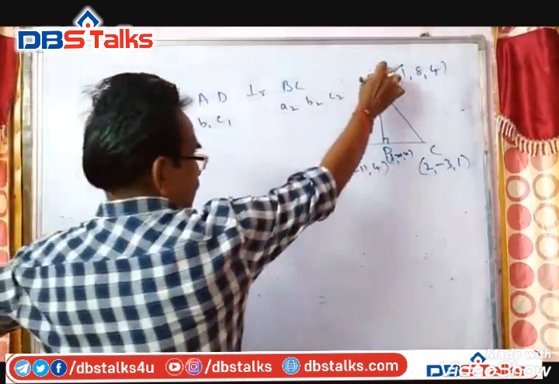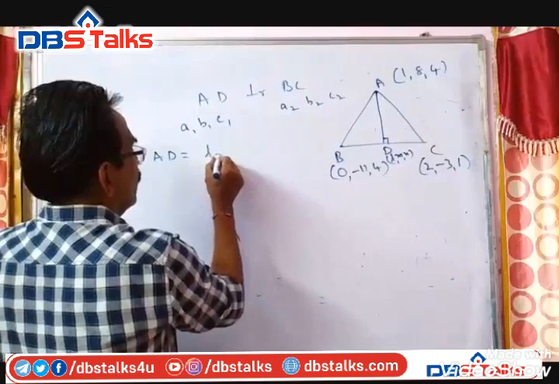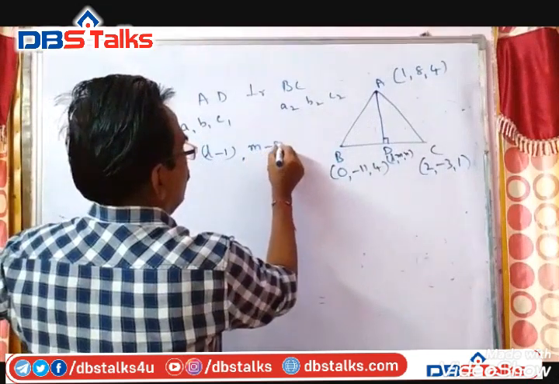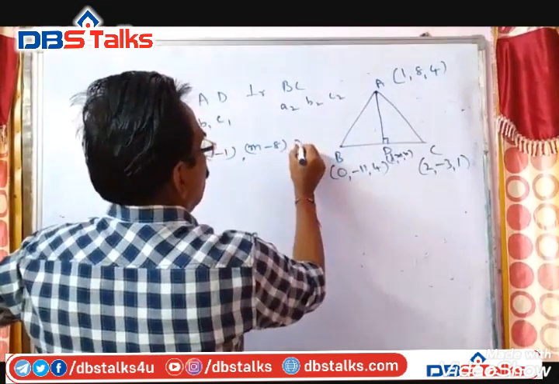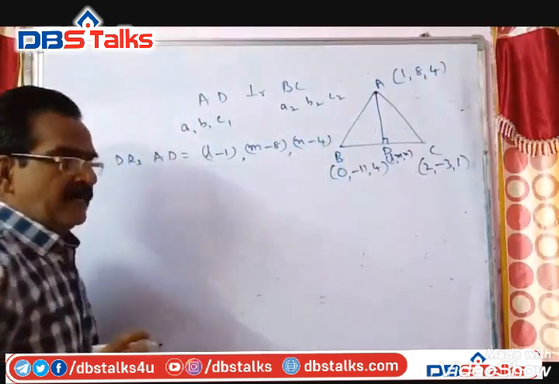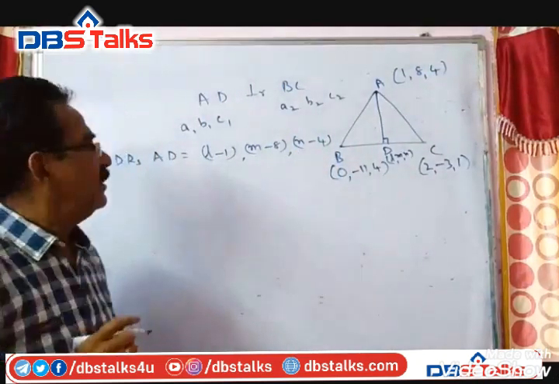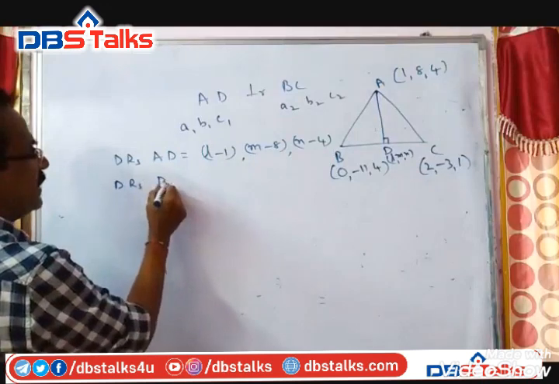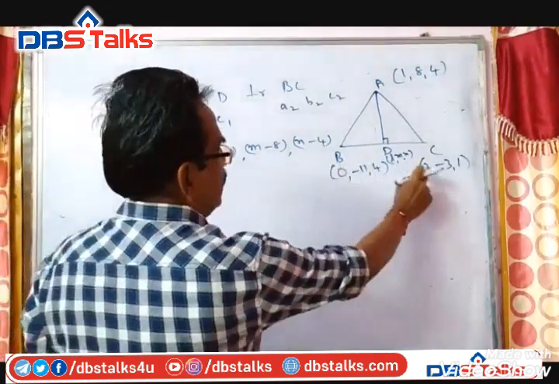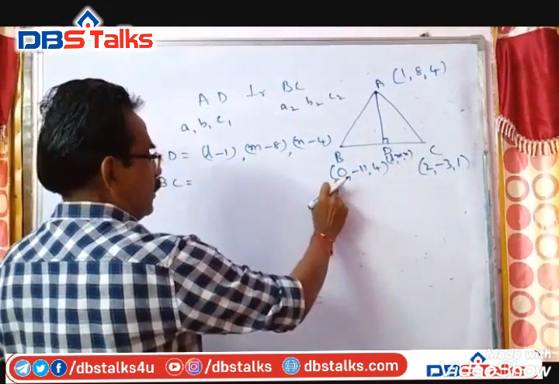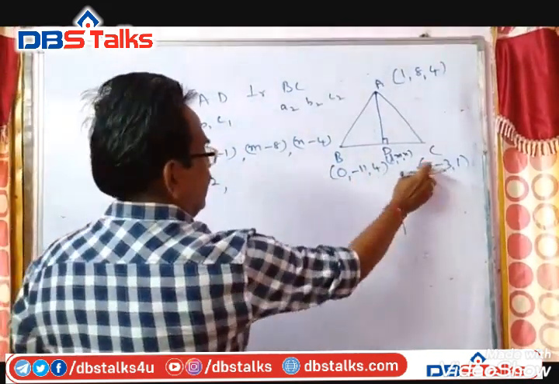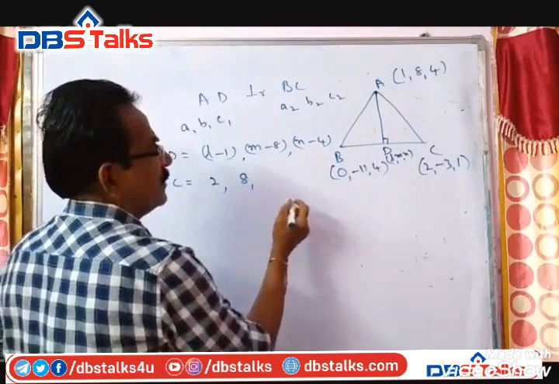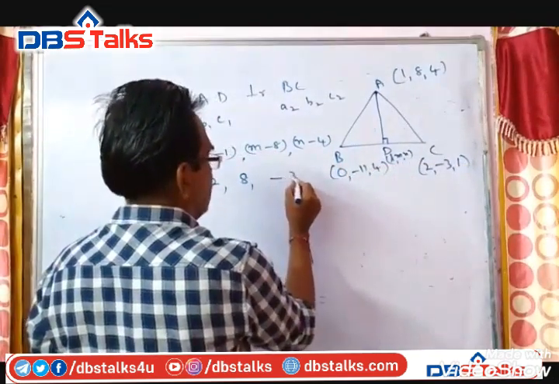Okay, friends. So now the direction ratios of AD are L minus 1, M minus 8, N minus 4. And the direction ratios of BC: 2 minus 0, 2, comma, minus 3 minus of minus 11, that is minus 3 plus 11, 8, comma, 1 minus 4, minus 3.